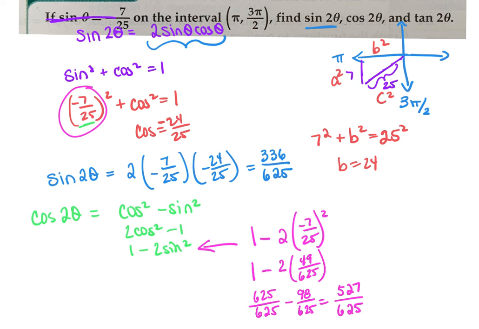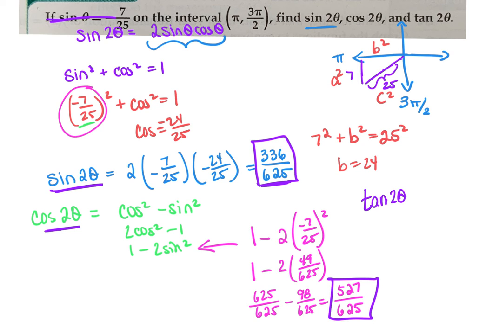So I have my sine of 2 theta is right here. My cosine of 2 theta is right here. All right? Tangent of 2 theta. Now, hang on. It doesn't say I have to use my double angle to do this. What is tangent? It's sine over cosine. All right, so look, tangent is just sine over cosine.